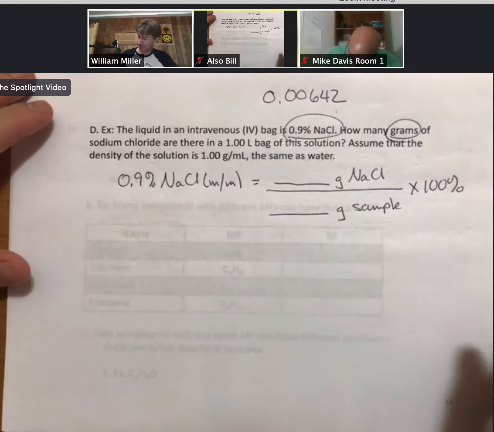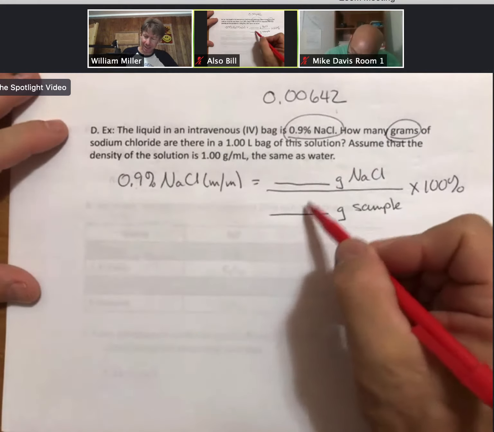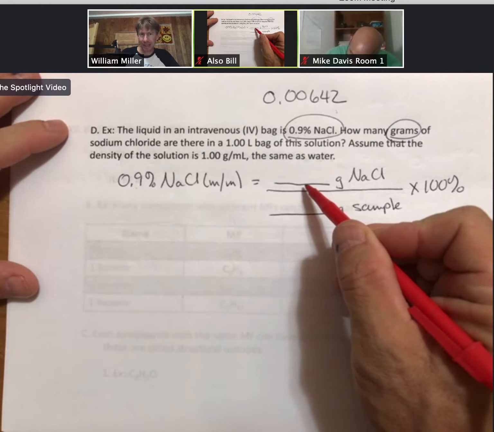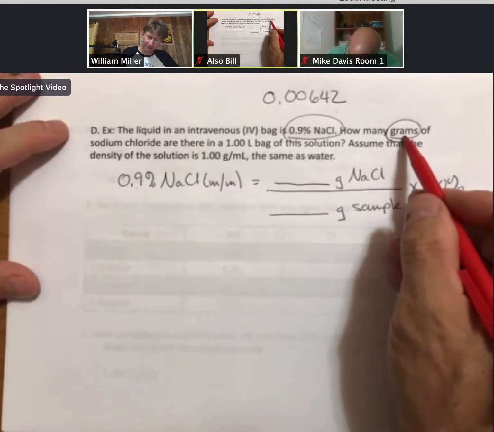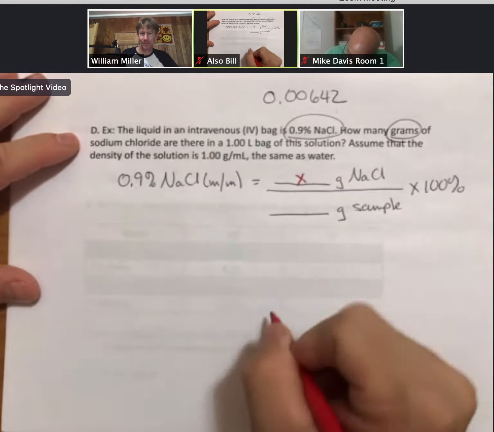So let's see. I have a number here, and it means that if I can find one of these numbers, I can find the other one. Since I'm looking for grams of sodium chloride, I'm guessing that I'm not going to be able to find that in this problem statement.